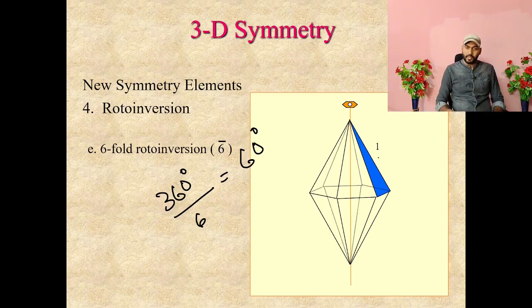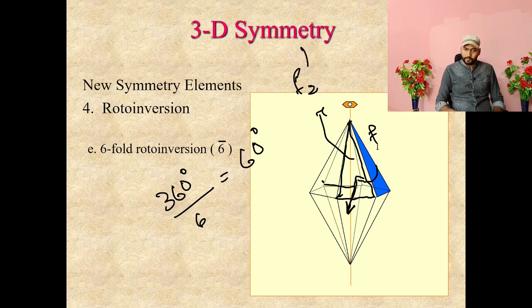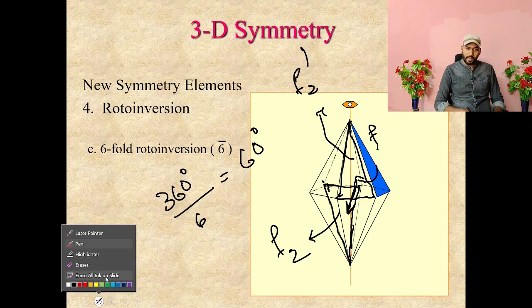So this is the first face, F1. Now if I rotate it 60 degrees, it will come here, and then we have to invert. After rotation it becomes F2 dash. From F2 dash it will invert, so it will become F2, in the lower hemisphere at the back side.